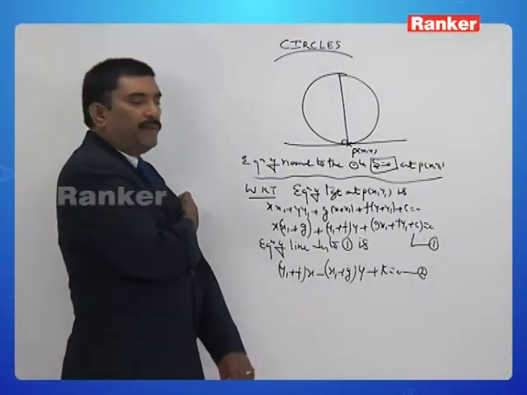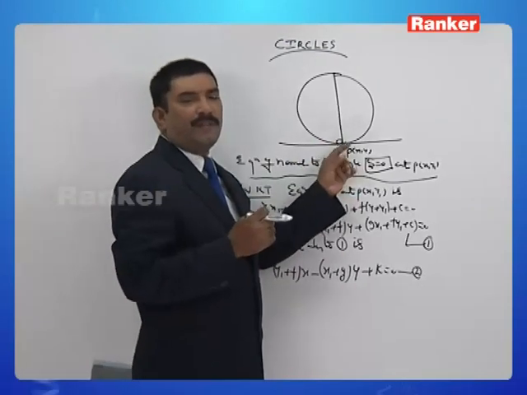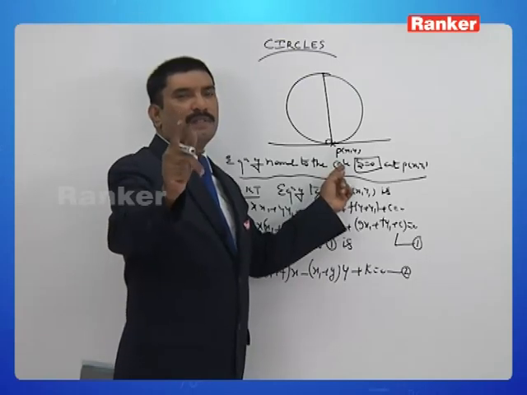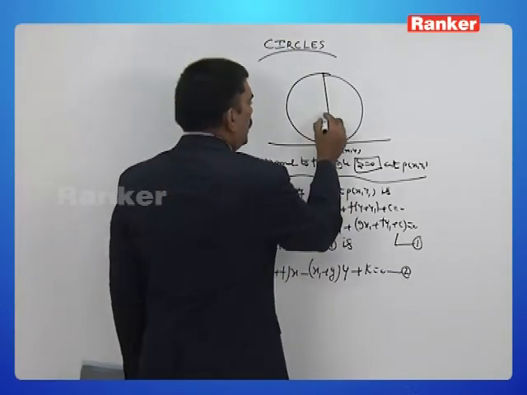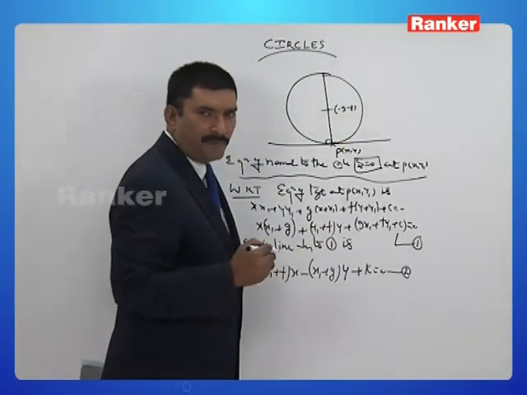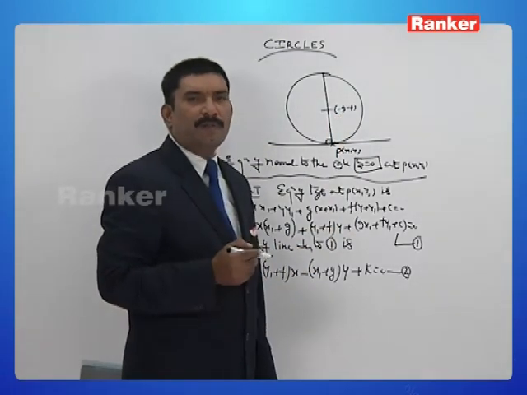Now how to find k? Remember, for a circle, the normal always passes through the center of the circle, which is minus g comma minus f.